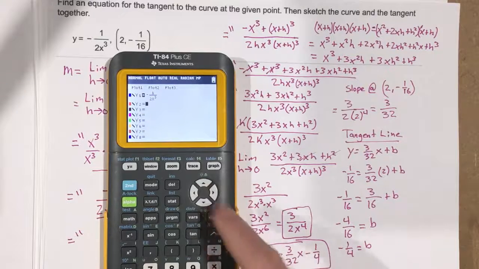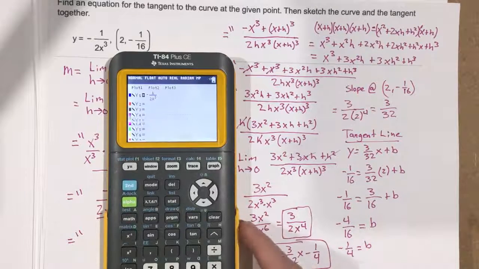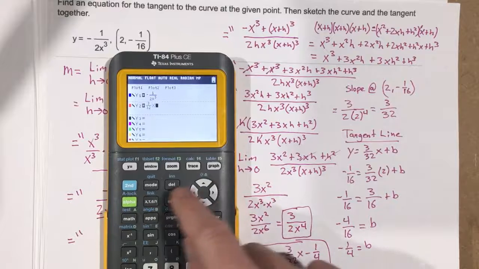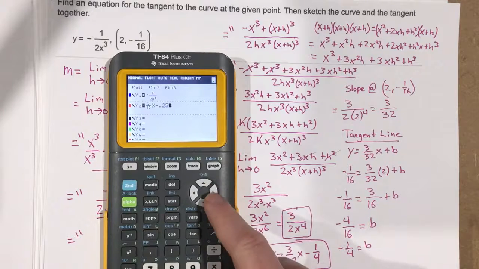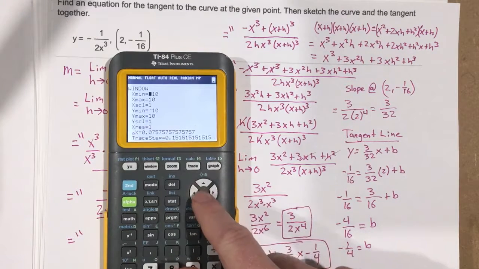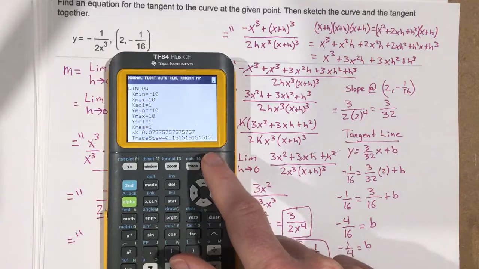And then we'll put in our tangent line, which is, we'll go fraction 3 over 32 x minus 0.25. Go to window. Let's see if this will show up on the window. Let's graph it.